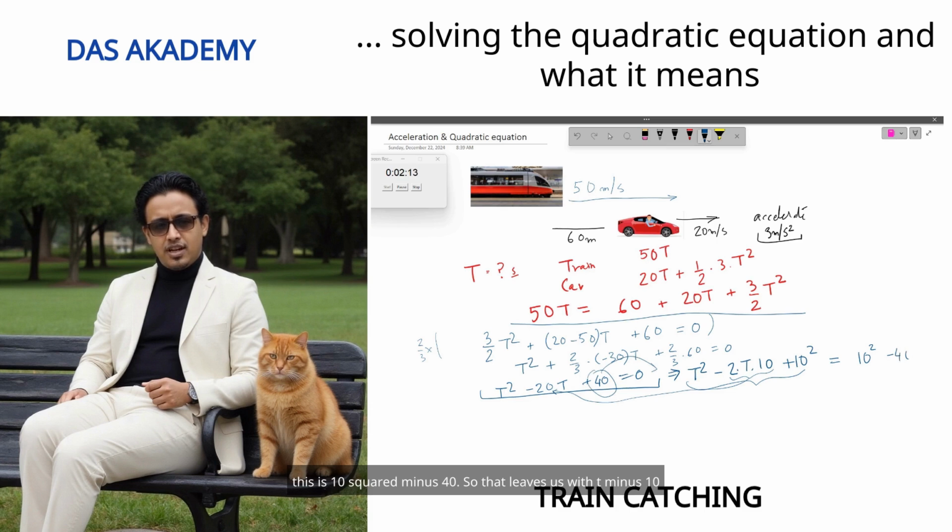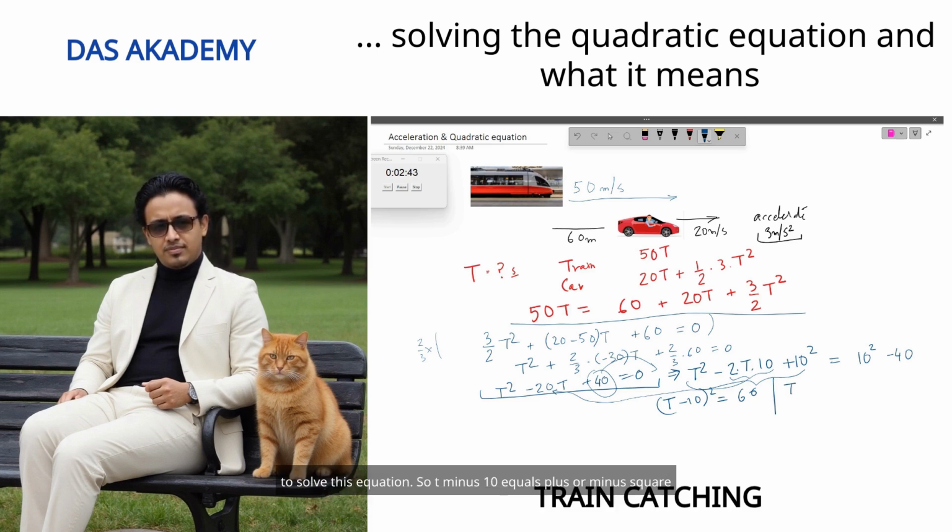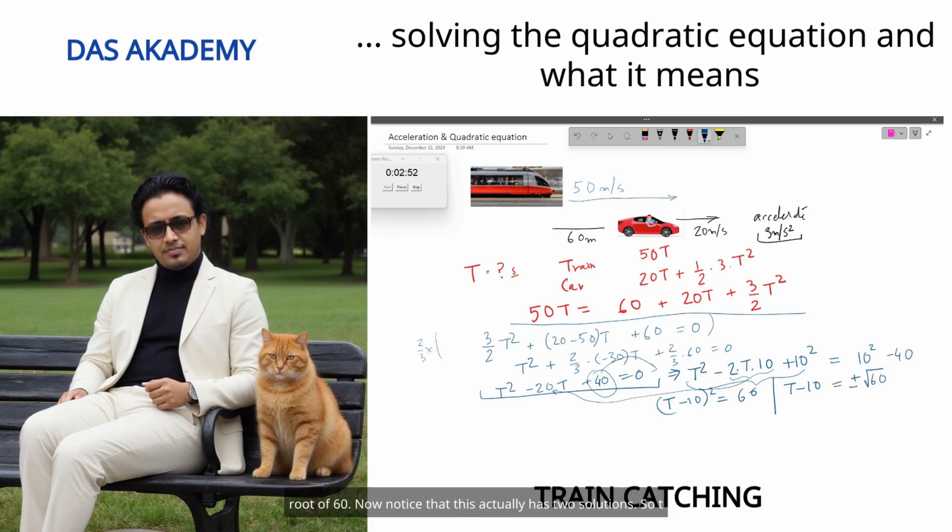So this is 10 squared minus 40. That leaves us with t minus 10 squared equals 100 minus 40, which is 60. So now we are in a position to solve this equation. t minus 10 equals plus or minus square root of 60.